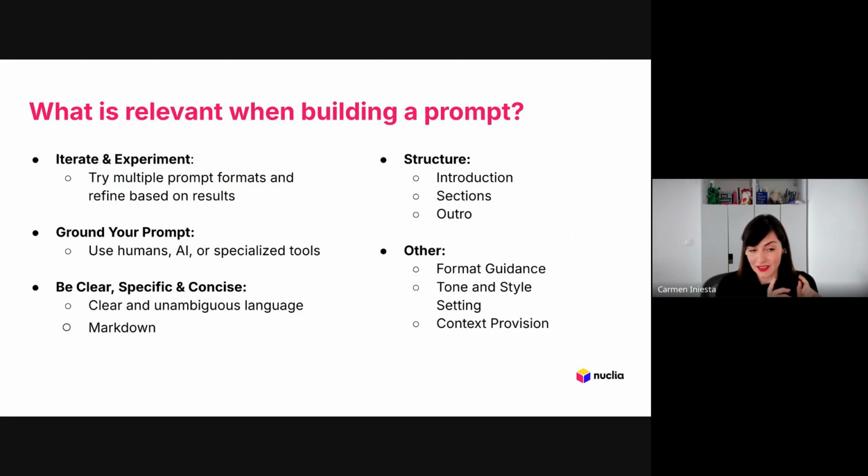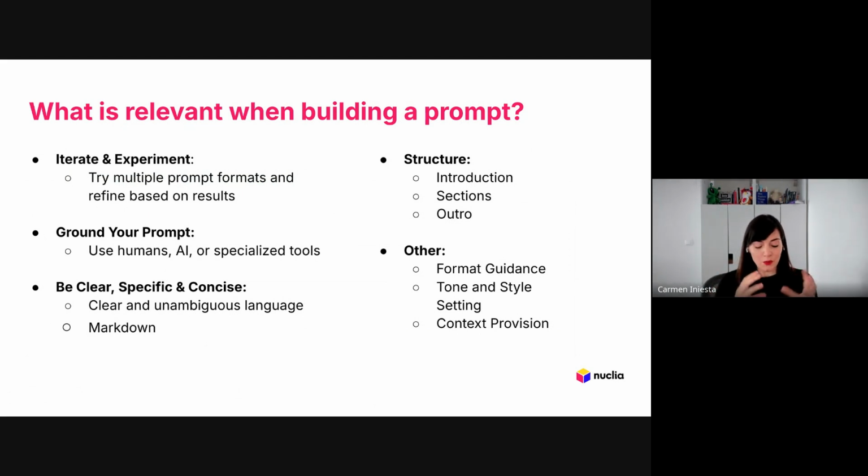This is why lawyers are great at prompting, because they're used to using very, very specific language. For this, it's also useful to use Markdown or XML, because that helps us make our language more structured. Also, again, the structure.